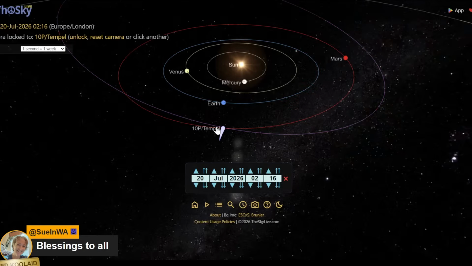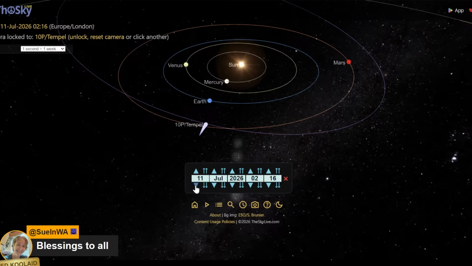So, guys, this comet. It's Comet 10P Tempel, right? Now, we've been talking about this one because remember the dust trail I mentioned a few videos back? If I was to take this back some more, you can see it's almost orbiting the sun at the same speed as we are. Look at that. It's crazy.